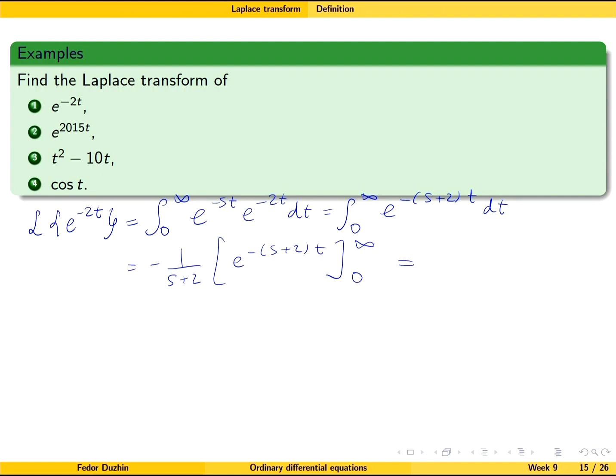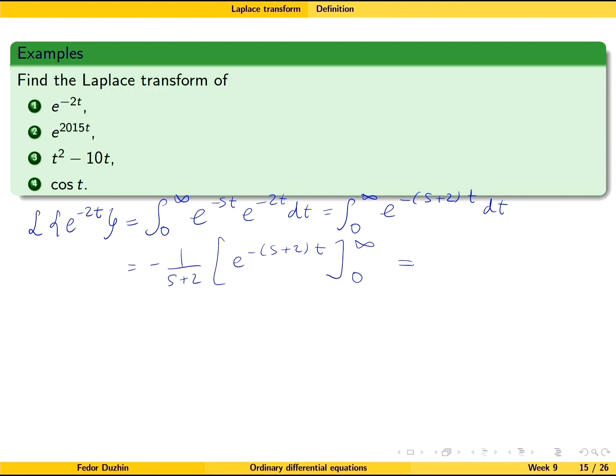Well, now since here we have the change from 0 to infinity, we need to be able to substitute infinity for t, and substituting infinity for t means taking the limit of this expression as t approaches infinity. But of course, the limit of an exponential function is finite if and only if the exponent is negative.